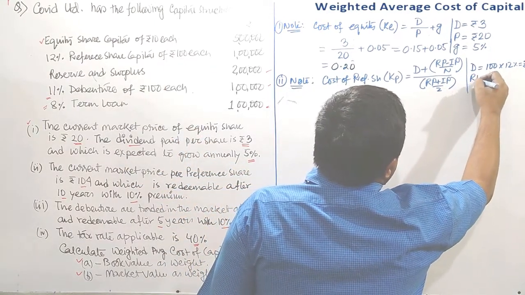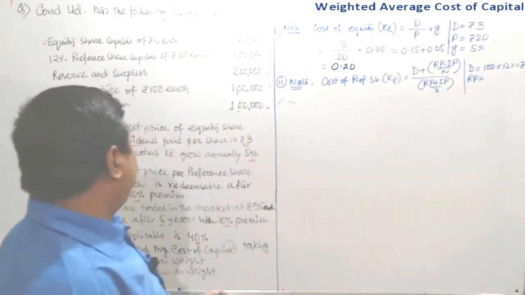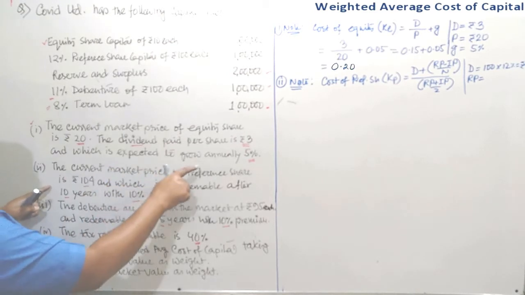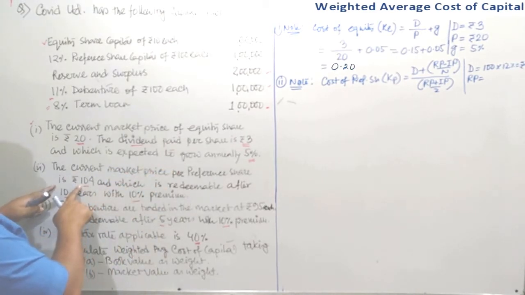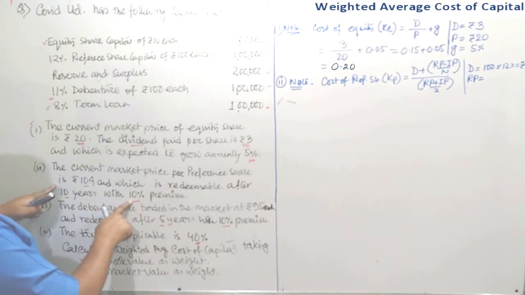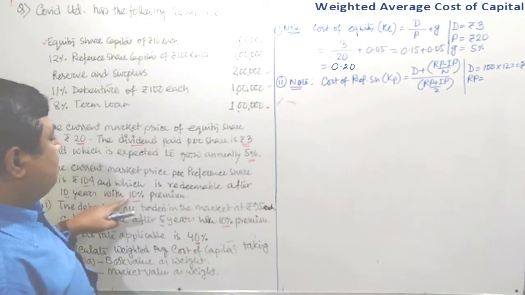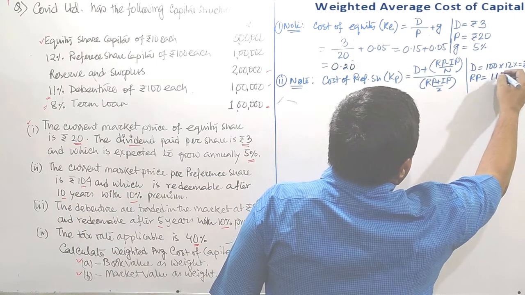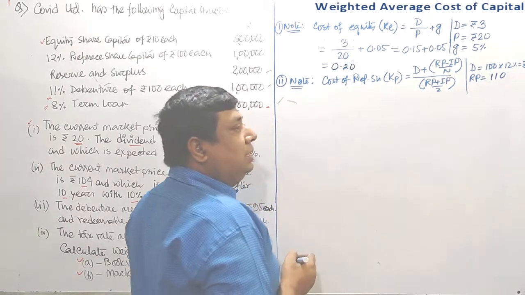Next, redeemable price. Follow the question minutely. It is mentioned that the current market price per preference share is 104. That we must consider as issue price. It is redeemable after 10 years with 10% premium. If the base value is 100, then of course the redeemable price should be rupees 110.